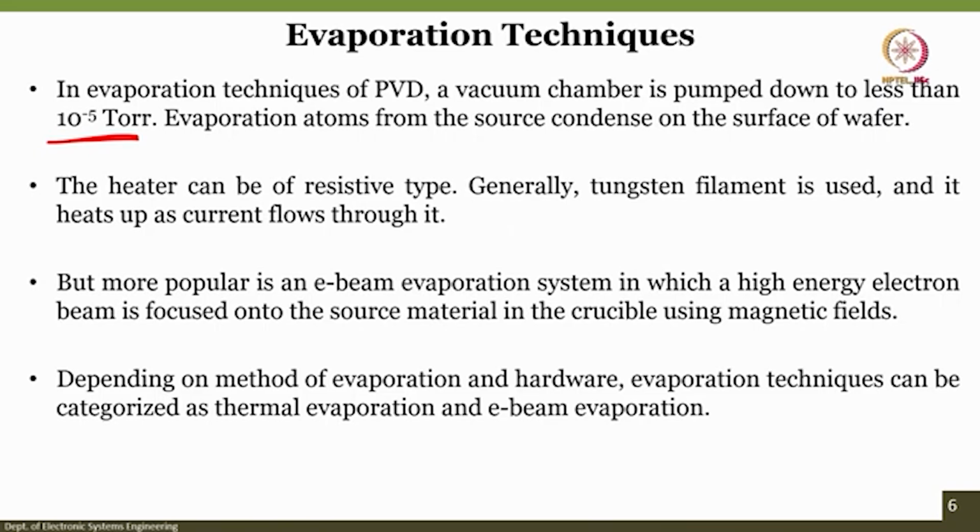When I come to the E beam, I will tell you what its advantage is. Right now just understand that you have a crucible, alright, and an electron beam is created. It comes and scans this particular material, and because of the heat created by the electron bombardment, this material gets melted and gets deposited.